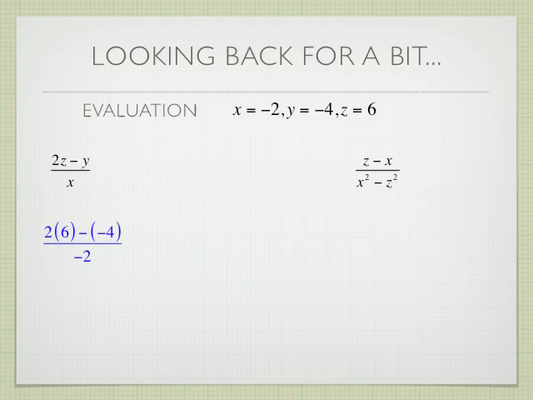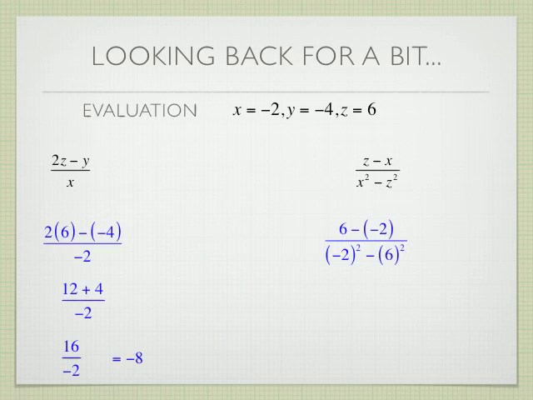I didn't because no one else was around it. Okay, on top, the first thing I'll do is that 2 times 6. So I get 12, and minus and negative 4, those negatives cancel because those were just parentheses. 12 plus 4 is grouped in the top, so I do 16 on top, negative 2 on the bottom, and I get negative 8.